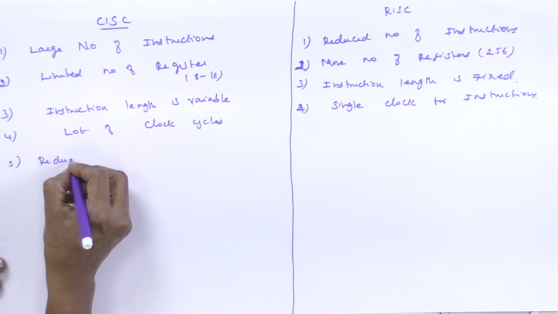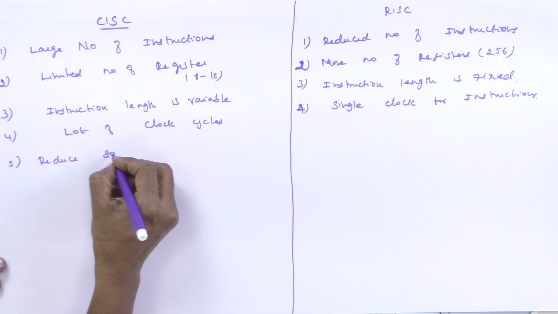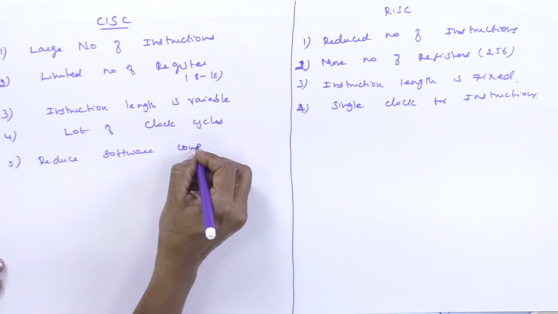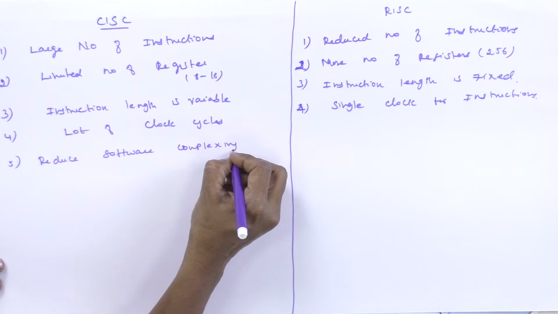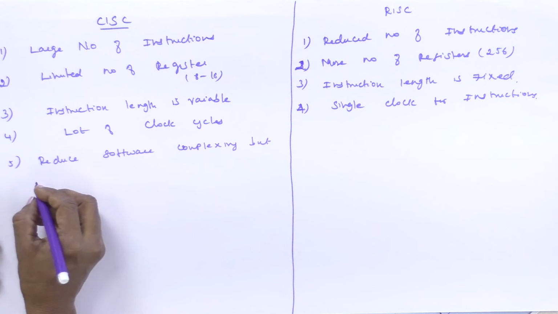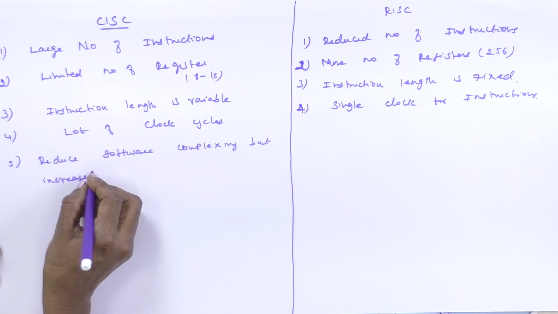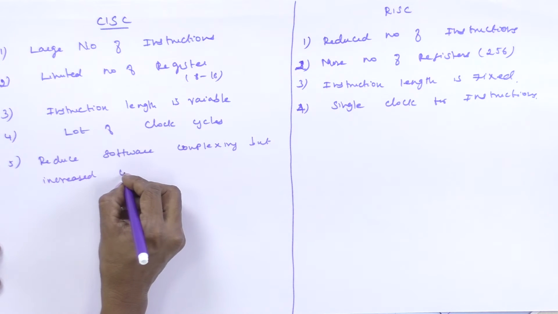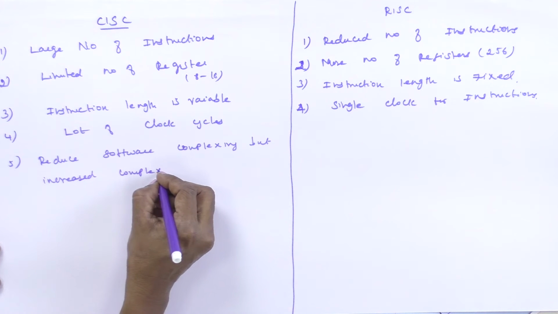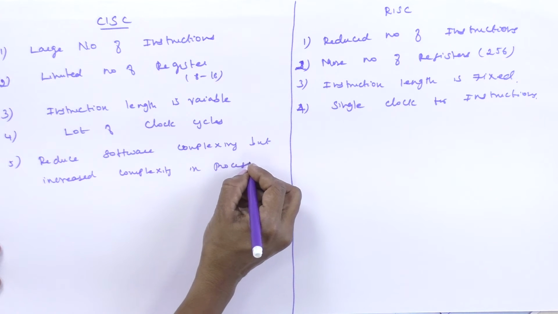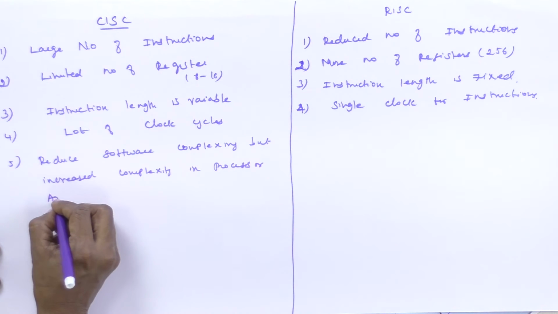RISC reduces software complexity but increases complexity in the processor architecture.